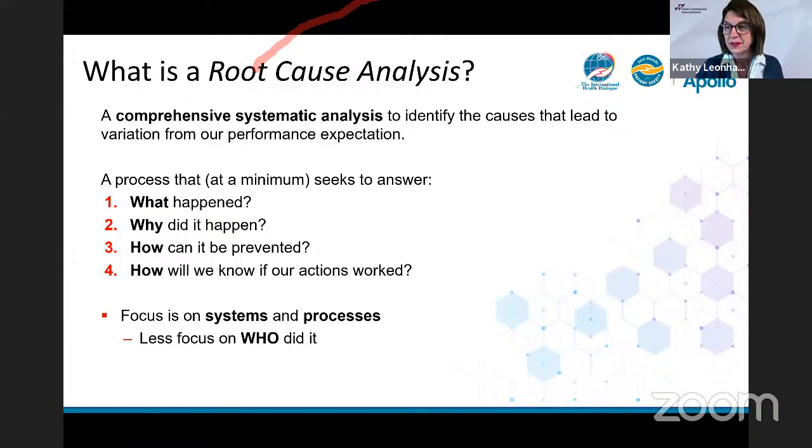Right? So an RCA is used when we want to answer the question, what is causing us to miss our performance goals? And in fact, we use the same tools that we use when we're working on a quality improvement project, focusing on the systems and the process, less on who did it.